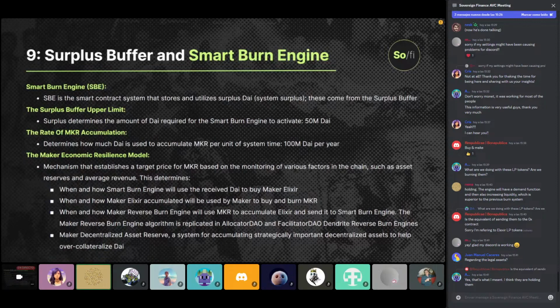For example, when it comes to the native vaults, ETH and other decentralized collateral vaults, what is important to understand is that when stability fee accrues, the surplus buffer also increases at the same time.